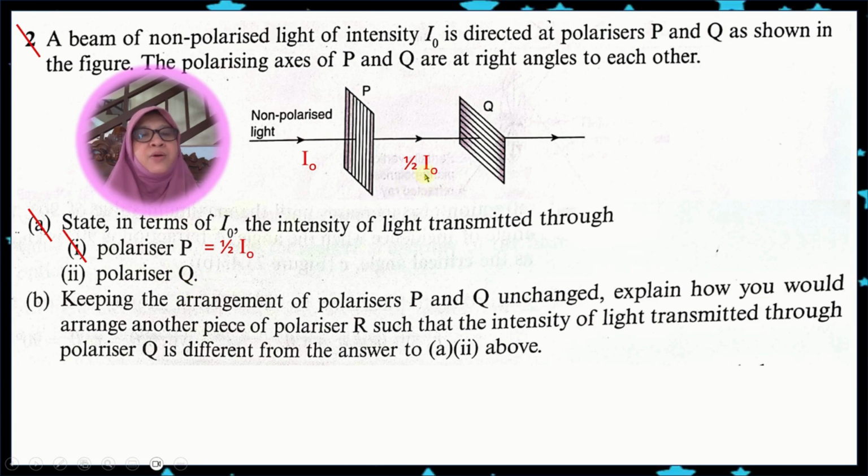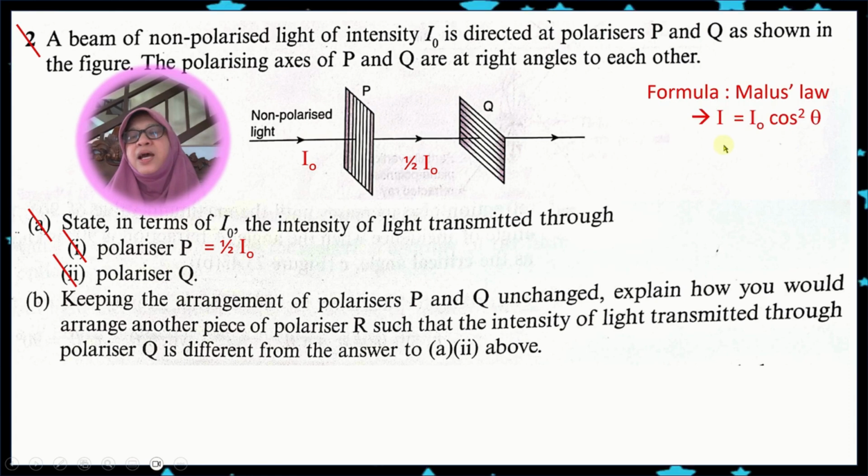Okay, now the light continues to pass through Q, which is at right angles to P, given in the question here. So using Malus law, I equals I naught cos squared theta, and the theta here is 90 degrees, and the I naught will be half I naught.